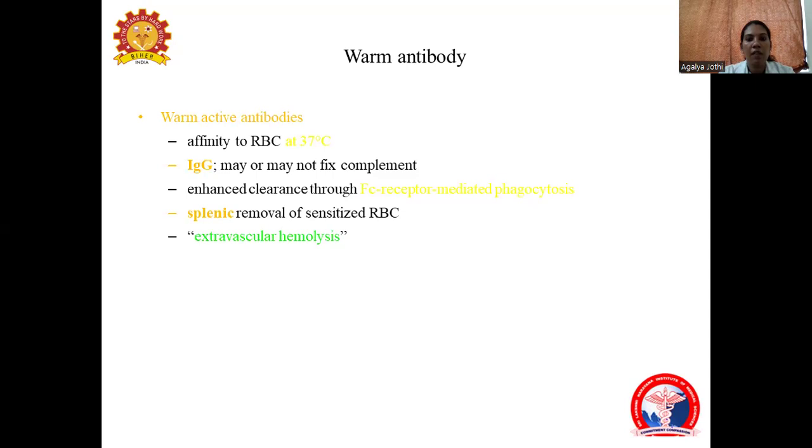Once it binds to the Fc receptor, the cell gets trapped in the spleen and phagocytosis of RBCs occurs, leading to extravascular hemolysis.